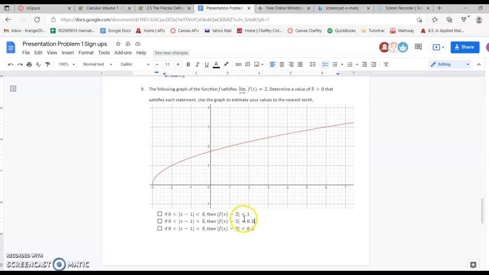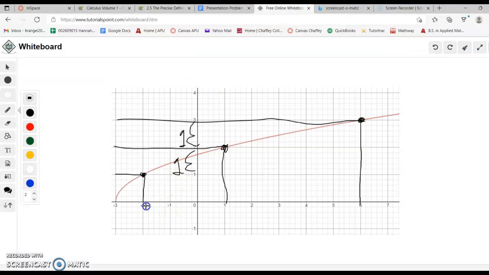Okay, so now we're going to try to figure this out. And the distance here, which is the delta difference, is 3. And this is 5.